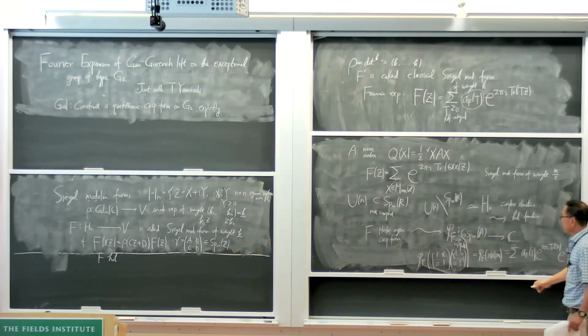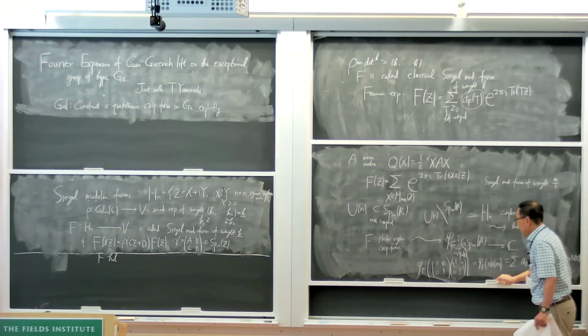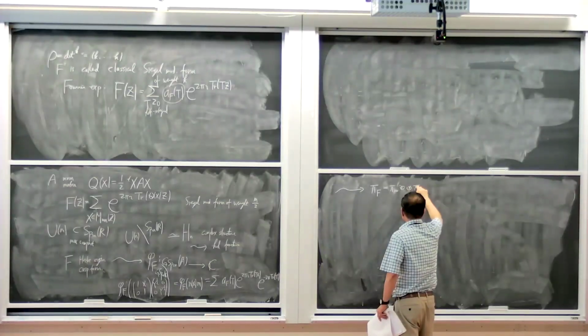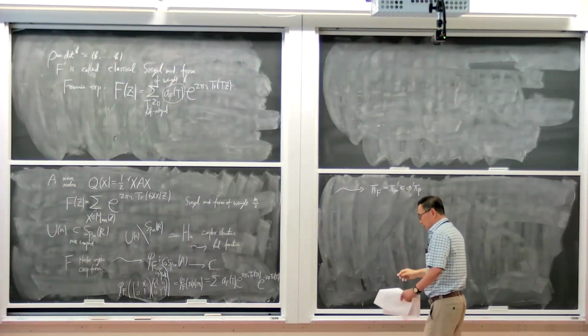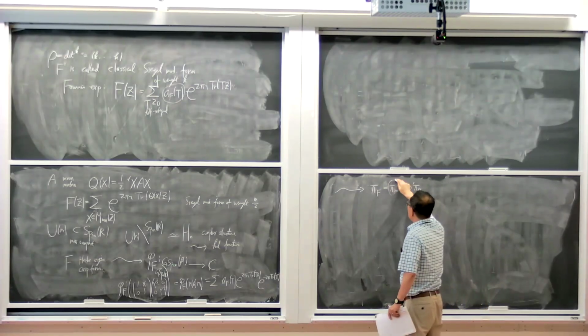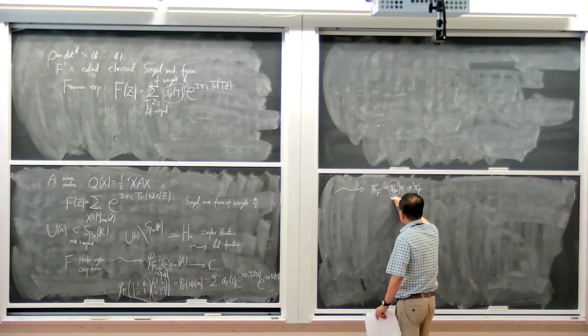So you have this kind of Fourier expansion, and then this phi f will give rise to a representation on Sp2n, so that you can have an infinite part, finite part, and this infinite part becomes holomorphic discrete series.